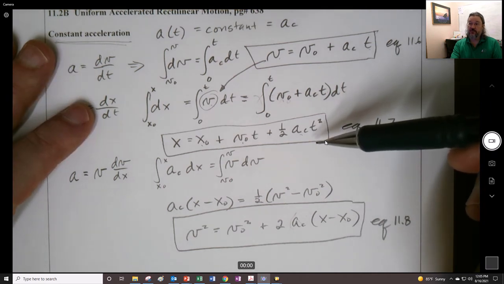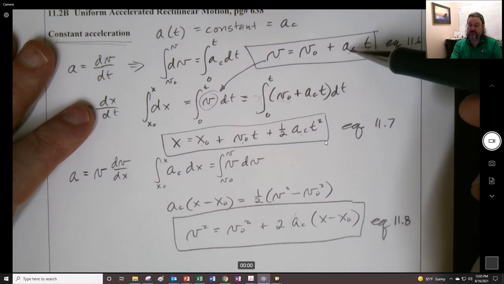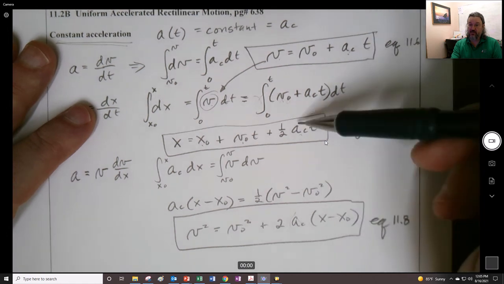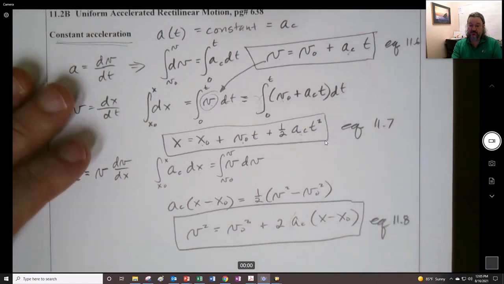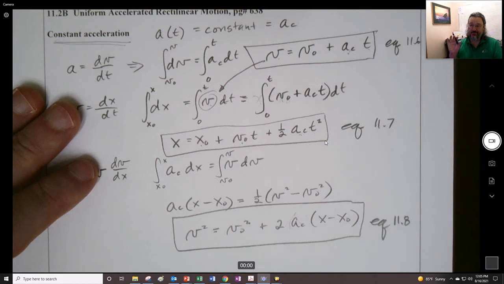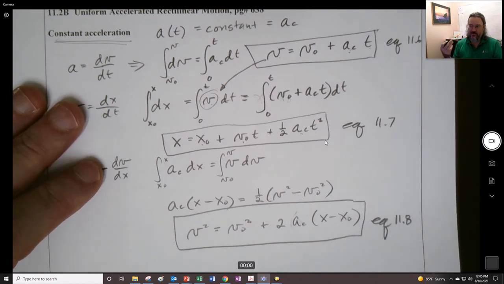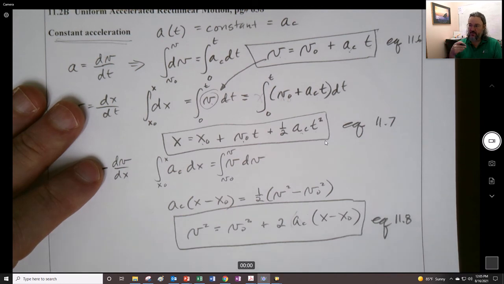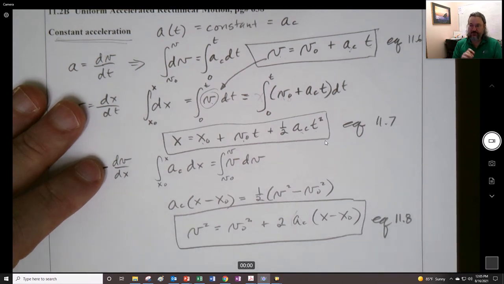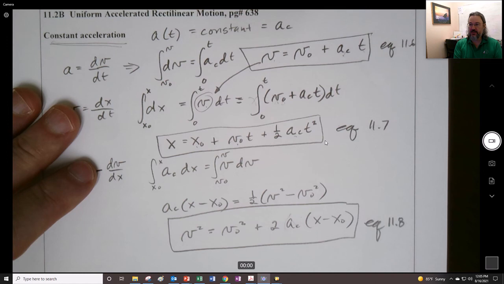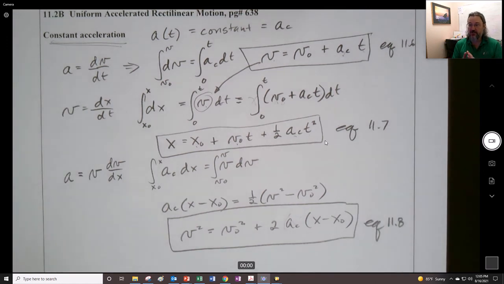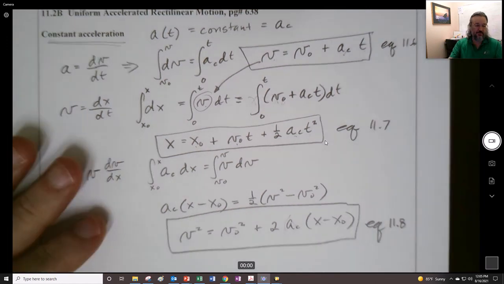So you got to make sure that the special case of acceleration being constant is the only time that you use this. When you look at a problem and you recognize it's particle kinematics, you have to look really closely, be on the lookout for the acceleration being something that can change. Only when it's constant can you use these.